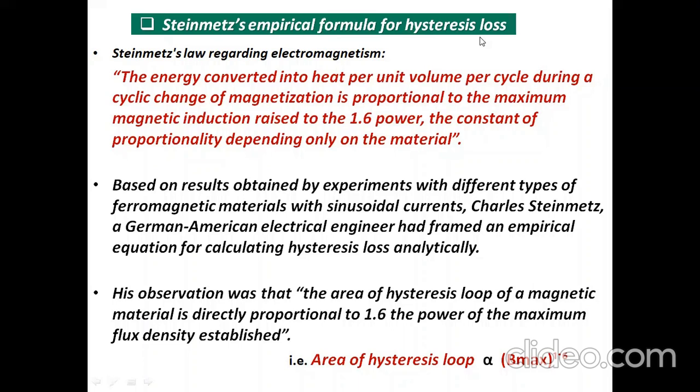His observation was that the area of the hysteresis loop of a magnetic material is directly proportional to the 1.6th power of the maximum flux density established. That is, area of hysteresis loop is directly proportional to Bmax to the power 1.6.